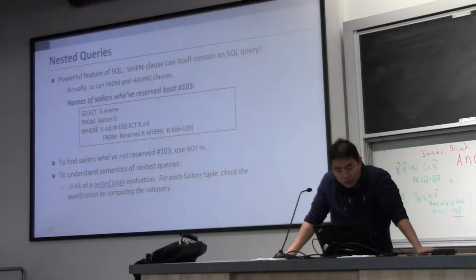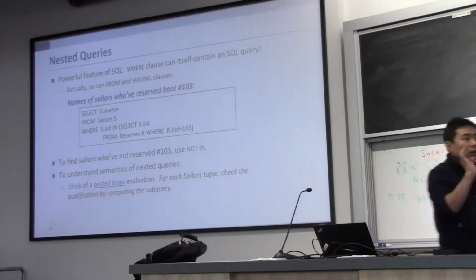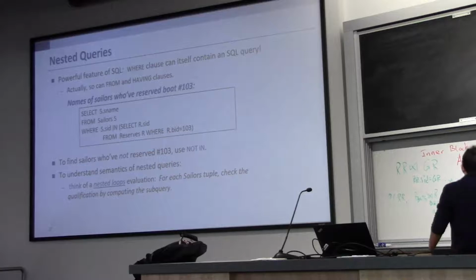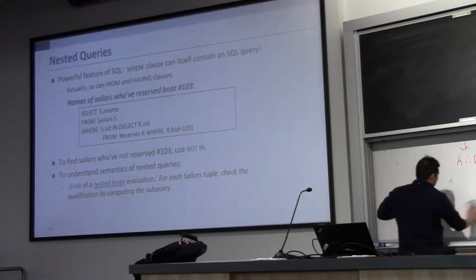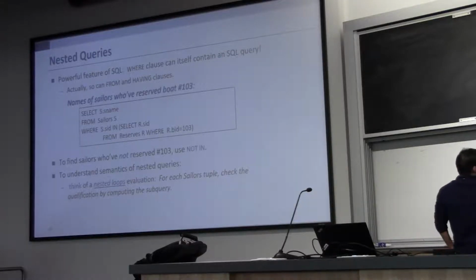Now let's say we want to find the name of sailors who reserved both 1 and 3. This actually is a fairly straightforward query. You don't have to use a nested block to do this. The most intuitive way of doing this query is simply doing a join, which I'm going to write down on the whiteboard. I think we saw this query already in the earlier discussion.